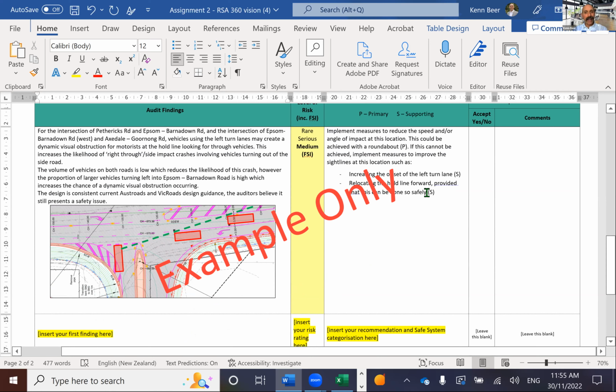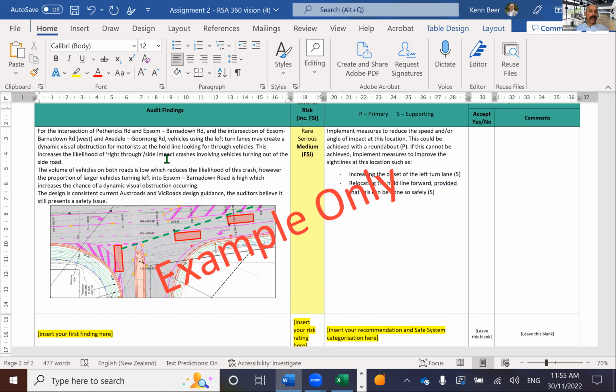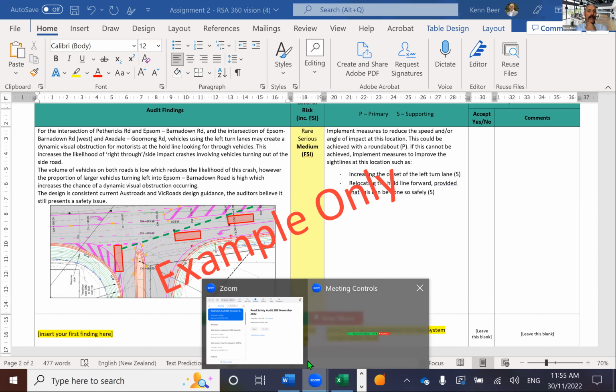They're the marking aspects of it. The fact that you may not have picked the highest risk thing in the design, that's okay. There are some things in there we think are reasonably significant issues, but we just want you to be identifying things, risk rating them, and presenting them well. So hopefully that makes sense to everybody.